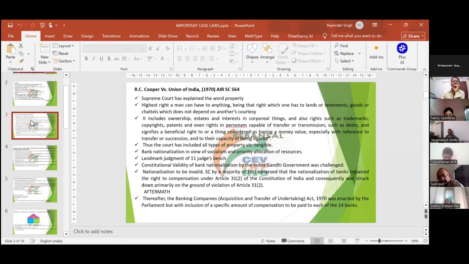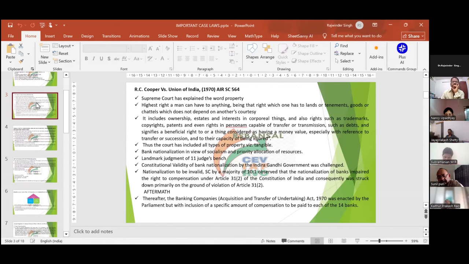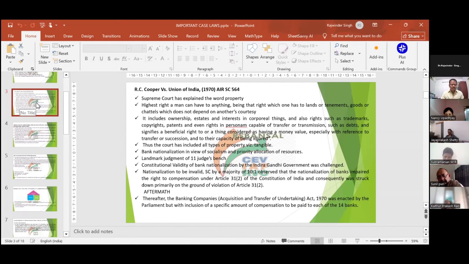So this is an important thing. You have to remember this. Highest right a man can have. So property means the highest right a man can have. So whenever you see these words highest right, it means it has been taken from R.C. Cooper versus Union of India.